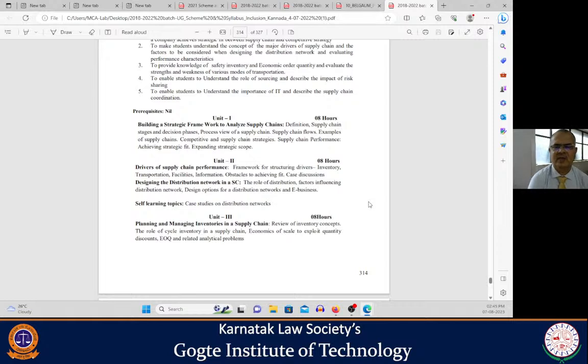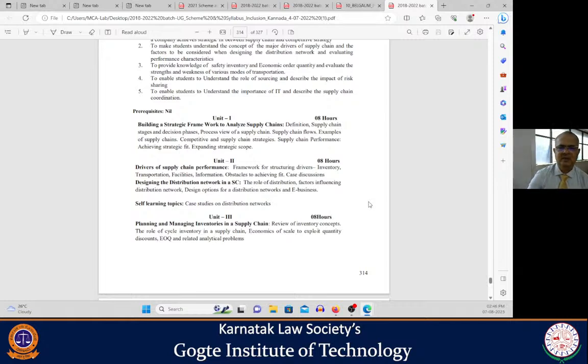Whether you take any online business, starting from Flipkart to Amazon, the distribution role is very important. So in this chapter, we mainly focus on the factors influencing the distribution network, and also what design options are there to bring the end product from the manufacturer to the end customer. Those things are dealt with in unit number 2.